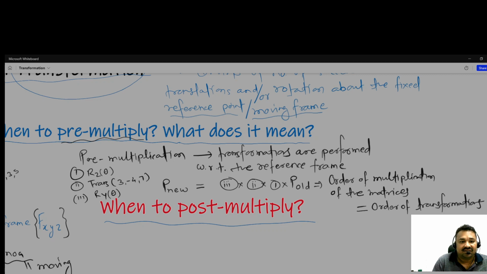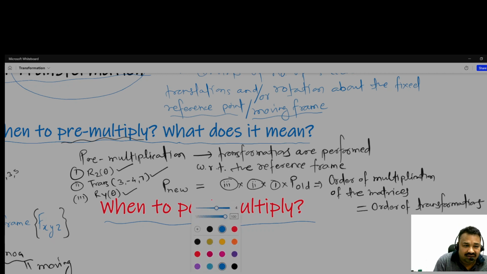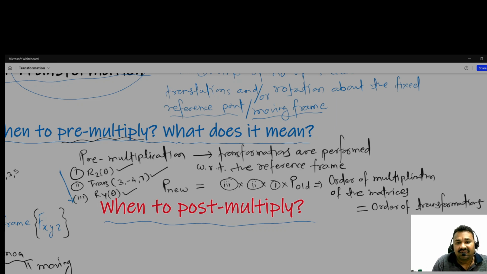Can we see here, जैसे ट्रांसफॉर्मेशंस कैसे हो रहा है, फर्स्ट रोटेशन हो रहा है, देन ट्रांसलेशन, देन अगेन रोटेशन अबाउट वाई. बट हियर होना कैसे चाहिए था कि आर जेड यहाँ पे क्या होना चाहिए था, फर्स्ट देन सेकेंड देन थर्ड. बट हियर सी कैसा हो रहा है, हियर ऑर्डर ऑफ ट्रांसफॉर्मेशन इज लाइक दैट, बट मल्टीप्लिकेशन इज जस्ट रिवर्स.